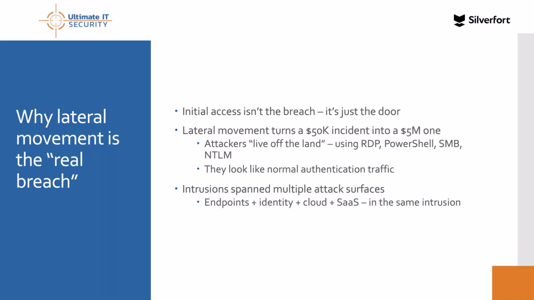And according to the Unit 42 incident response report, 87% of attacks involved at least 2 attack surfaces. So this is the other reason why thinking about the perimeter, identity being the perimeter, this is it right here. This 87% involving 2 attack surfaces. Look at the types of attack surfaces. The only real perimeter you have is the use of identity.